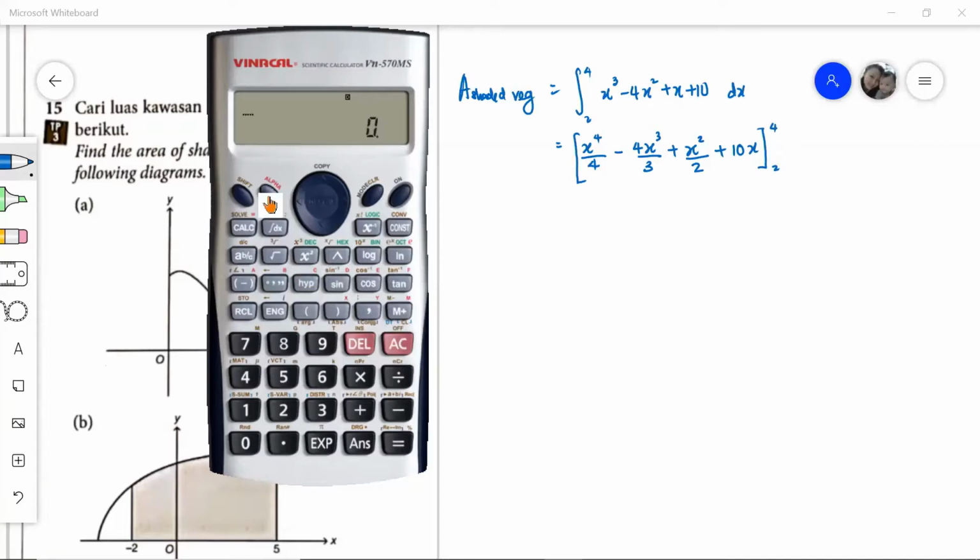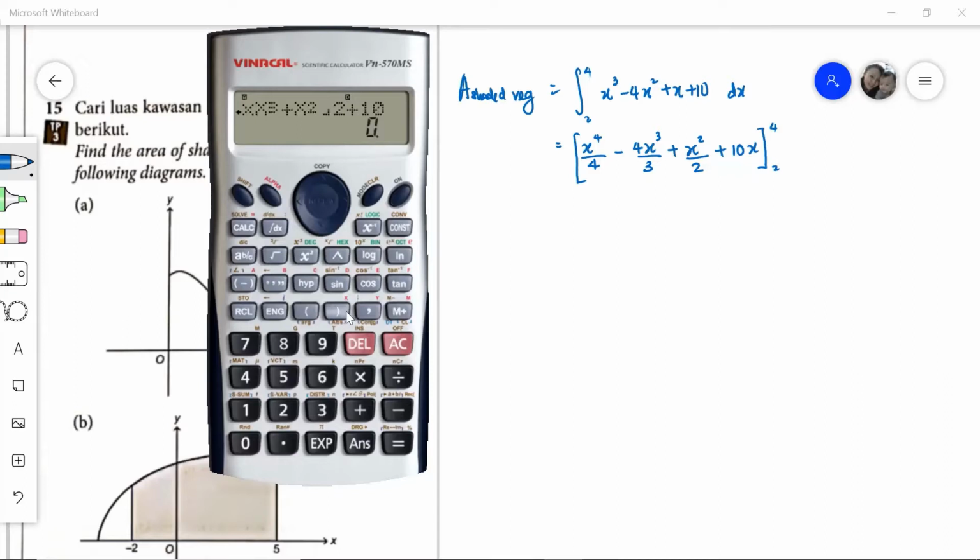So we have alpha x to the power of 4 over 4, minus 4 over 3 times alpha x cubed, and then plus alpha x squared over 2, plus 10x.